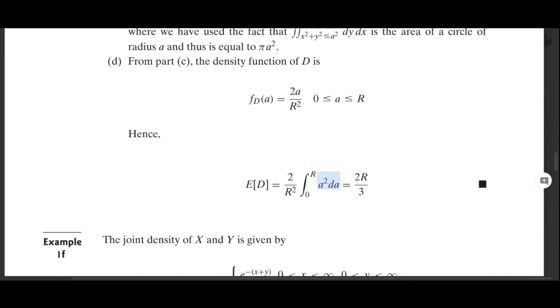I forgot about this formula for expected value: the density function multiplied by the second part. Okay, if you have questions, you figure out this part.